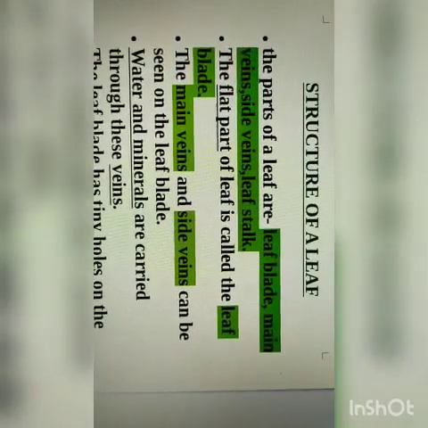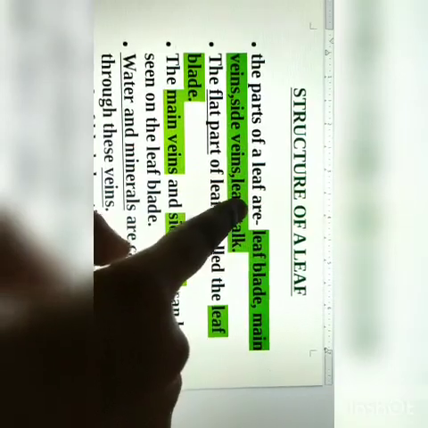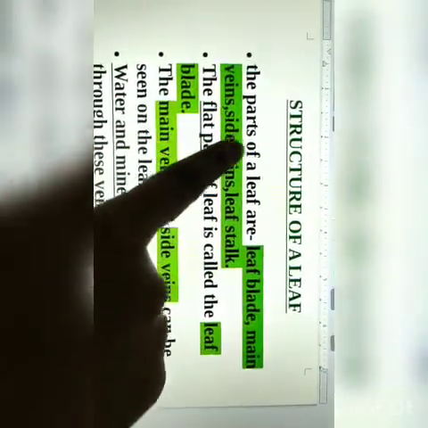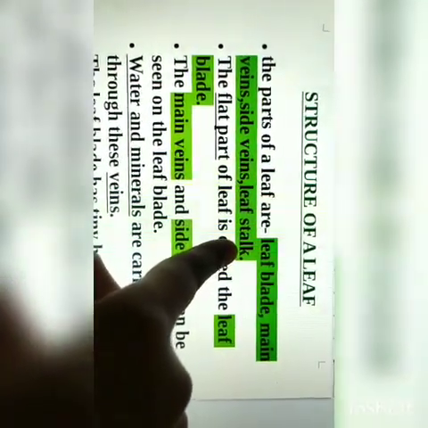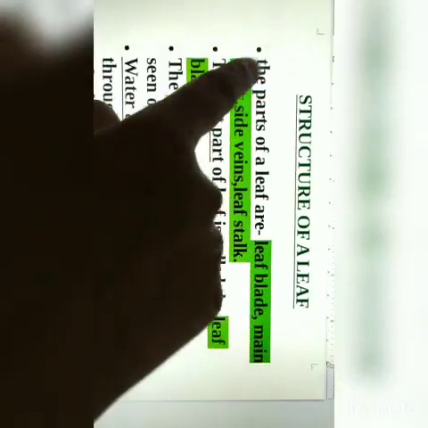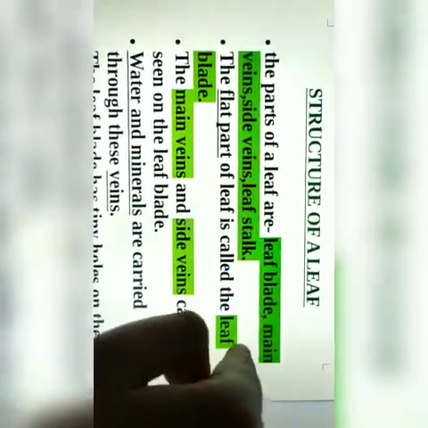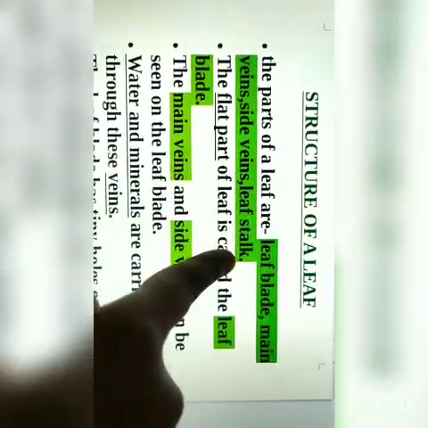Structure of a leaf. The parts of a leaf are leaf plate, main veins, side veins and leaf stalk. Repeat after me, children. The parts of a leaf are leaf plate, main veins, side veins and leaf stalk.